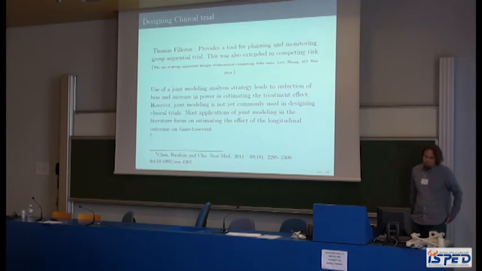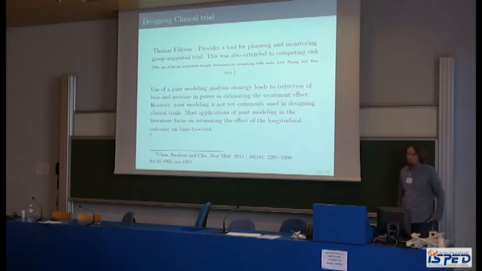A few words about the design of the clinical trials. Thomas Filleron provides a tool for planning and monitoring group sequential trials. Of note, this was also extended to competing risks recently by Brian Lou and Meiji Deng. So it's a group sequential design with competing risks.